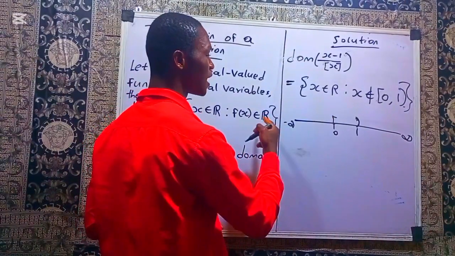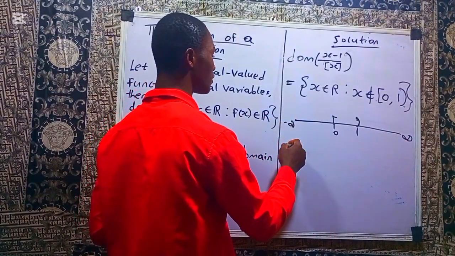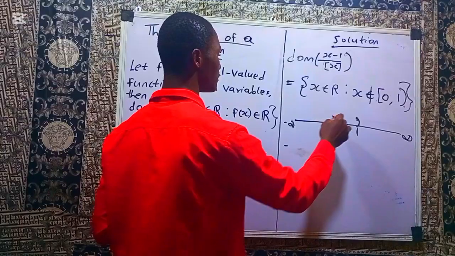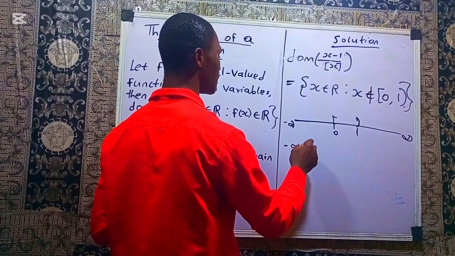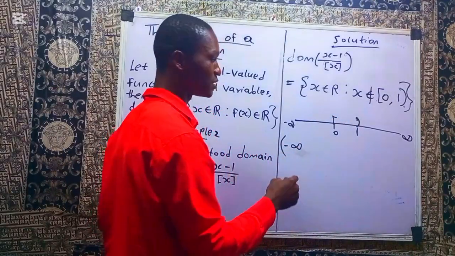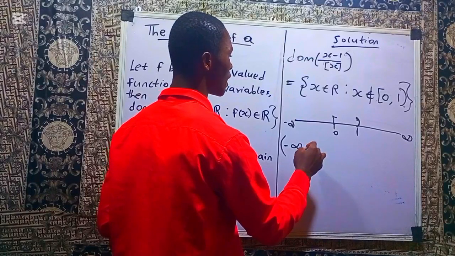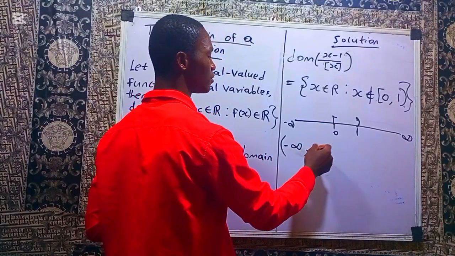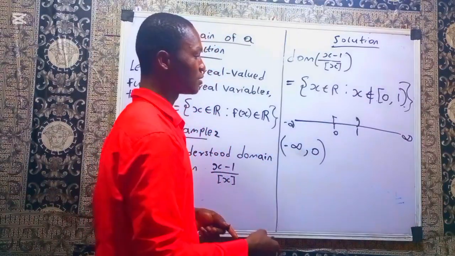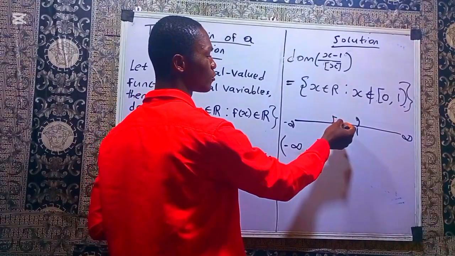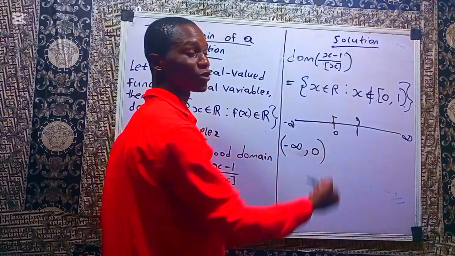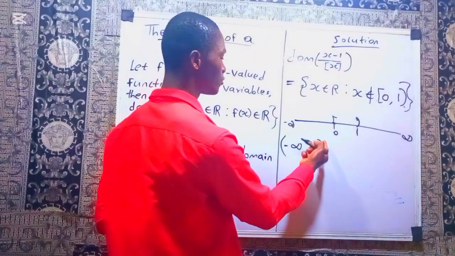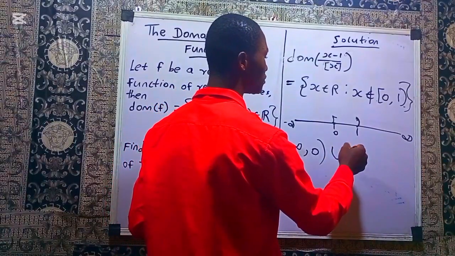So what is now remaining is from negative infinity, use open bracket, comma, then here will be 0. You use open bracket, because 0 is part of the one we are removing. So use open bracket, then union.